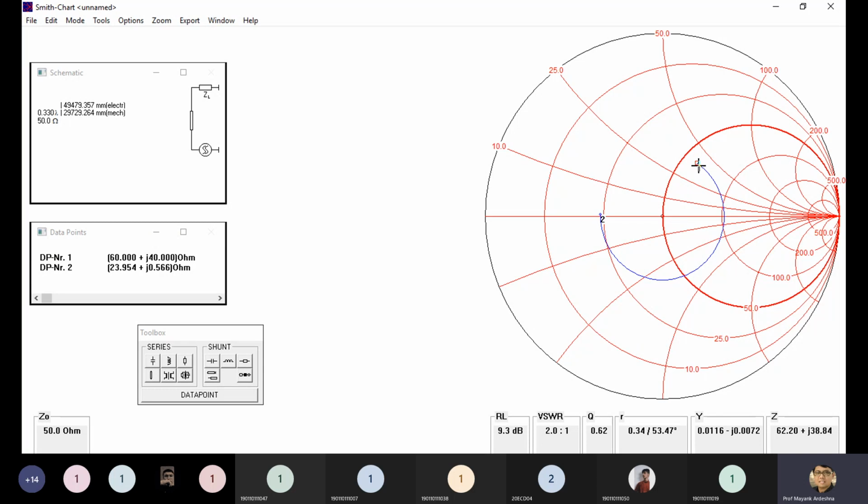On your screen, you can identify the reflection coefficient, which is mentioned with an R. R is 0.3, and the angle is 52. So this is the magnitude as well as the angle.